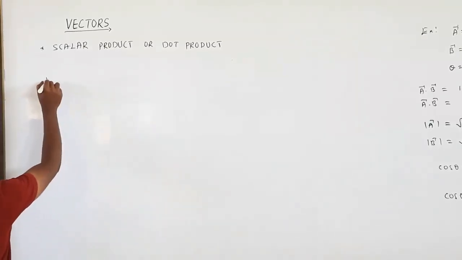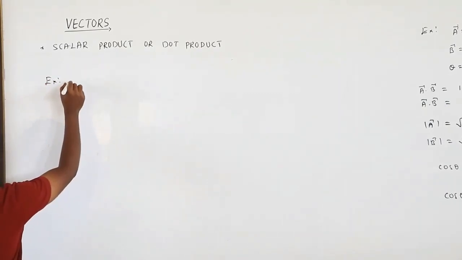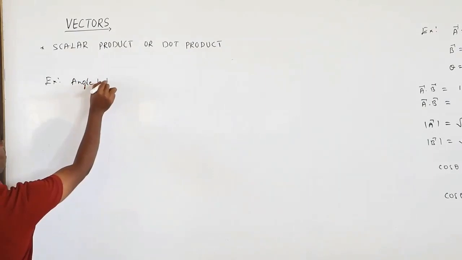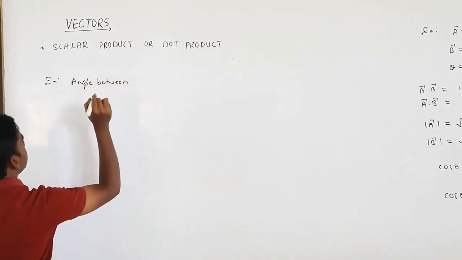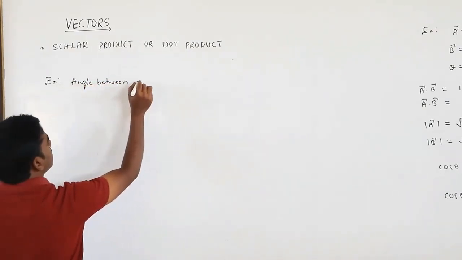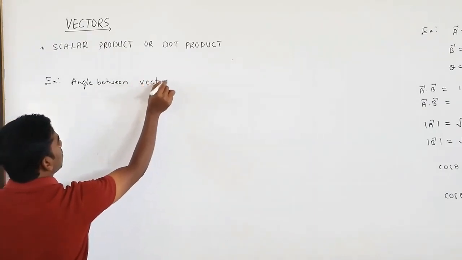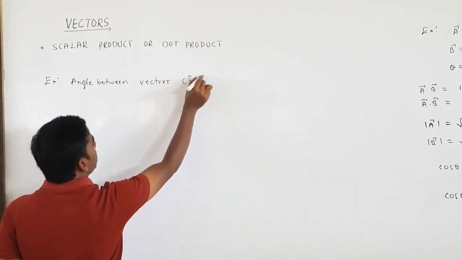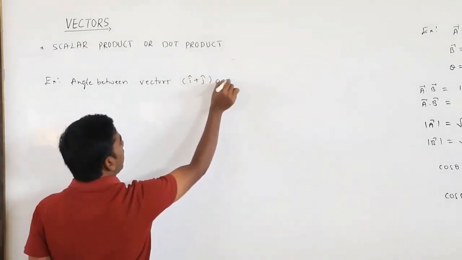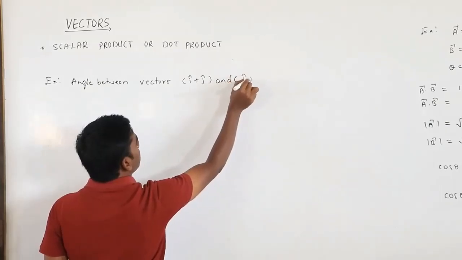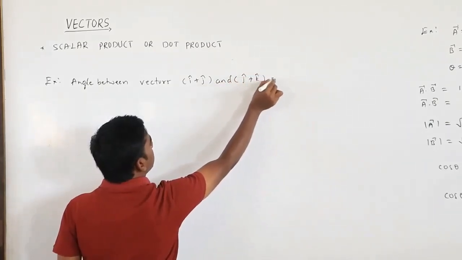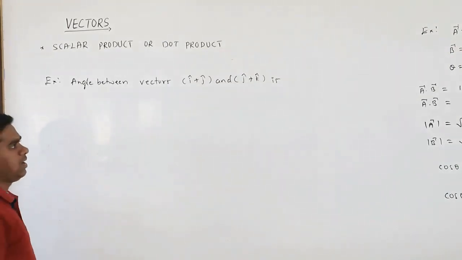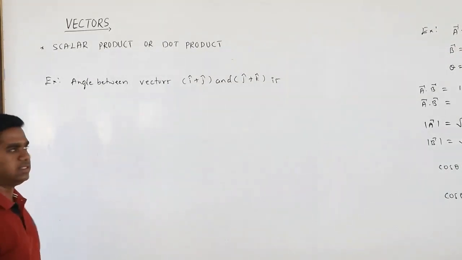So let me take another example of how they can ask the question. The angle between vectors i cap plus j cap and j cap plus k cap is what?